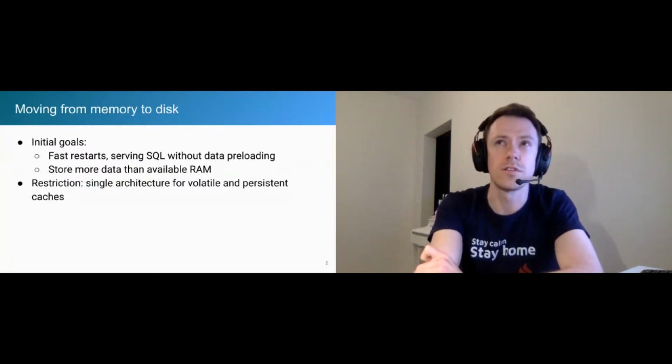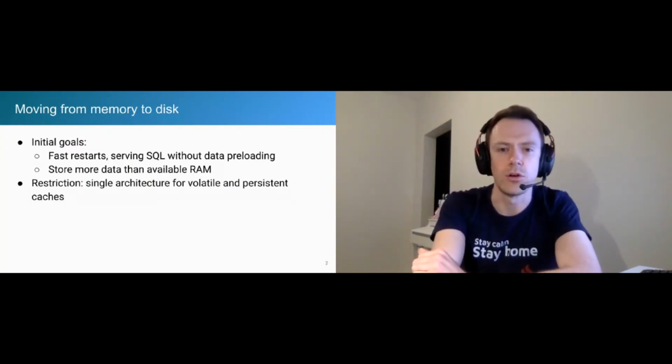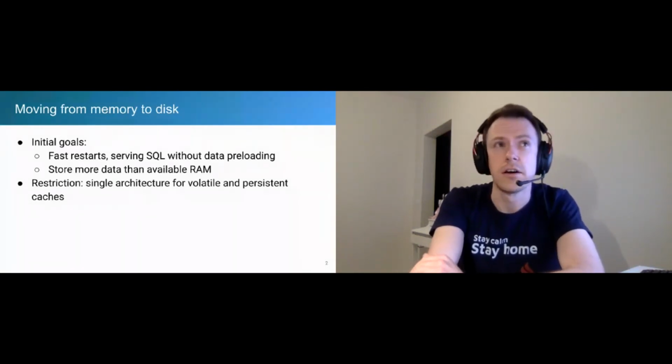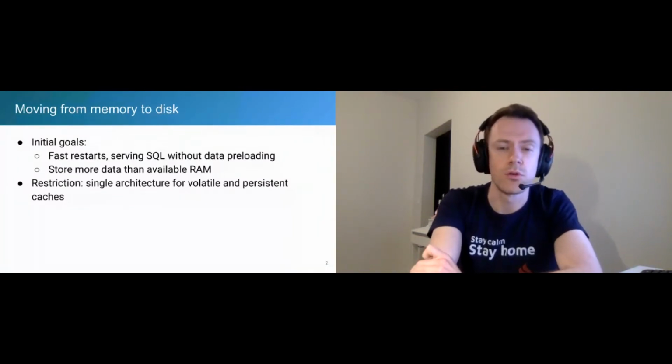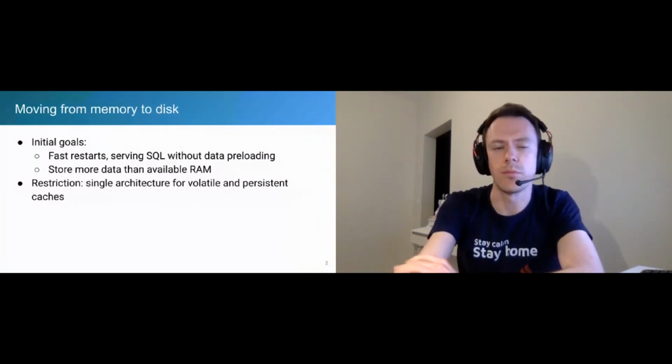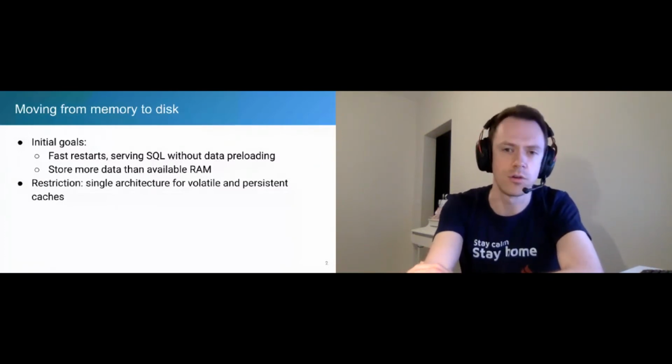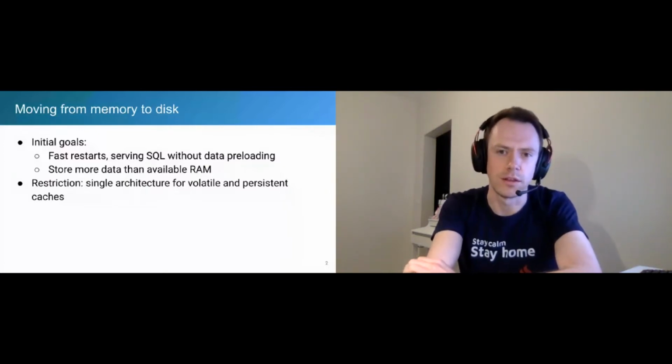The first downside was that if you restart your cluster, in order to start serving SQL queries, you need to preload all the data that you previously loaded into the cluster. And the more data you have, the more time it takes. For example, if you had hundreds of gigabytes of data per node, the cluster warm-up would easily take hours, from 2 to 3 hours. Obviously, it's not very convenient for maintenance.